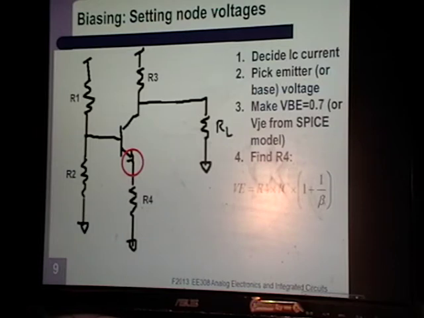If beta is small, then you want to include it in your equation. We picked our IC, and we know that your IE is your IC plus your IB. So that's what that is.